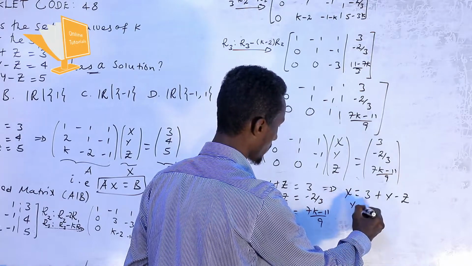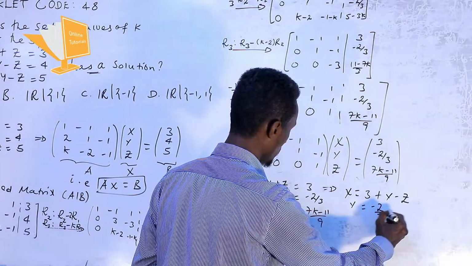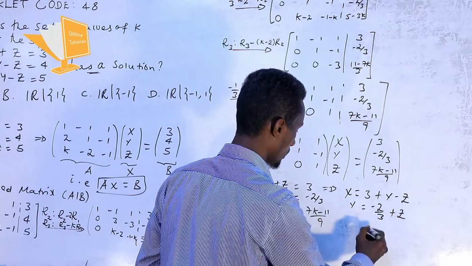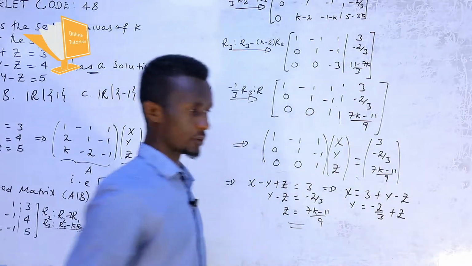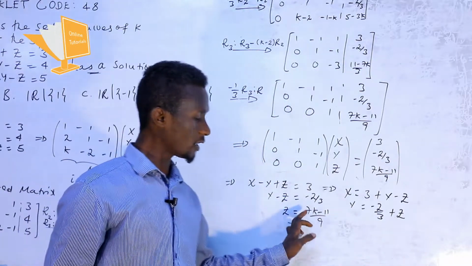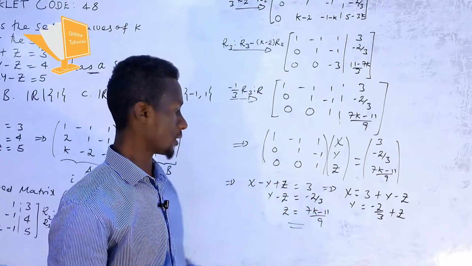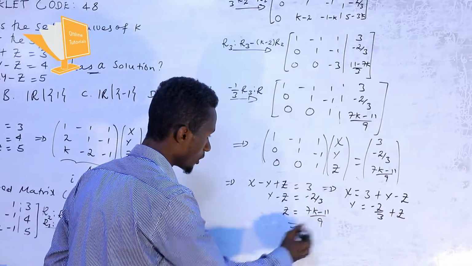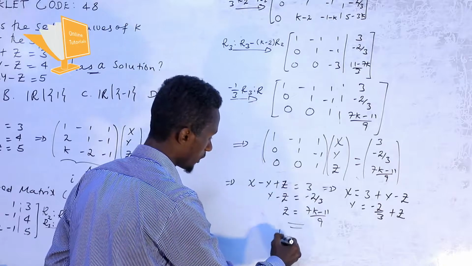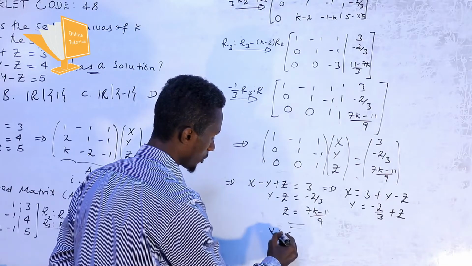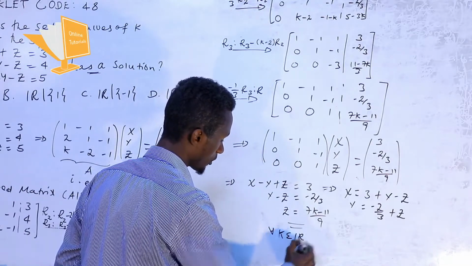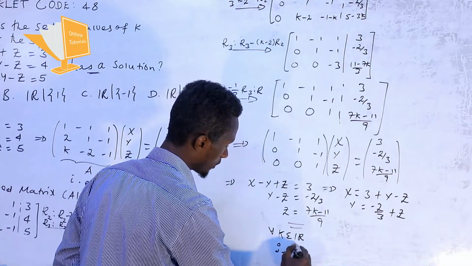Then y ደግሞ ለማግኘት minus 2 over 3 plus z, substitute አድርጉት, የዚህን value እናገኛለን ማለት ነው. ስለዚህ at every value of k the solution exists ያደርጋል ማለት ነው. Therefore, the value of k is all real numbers.